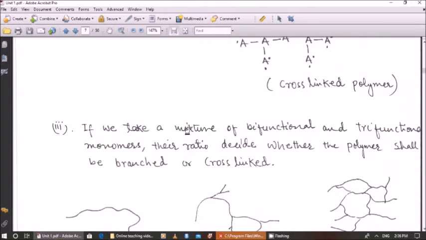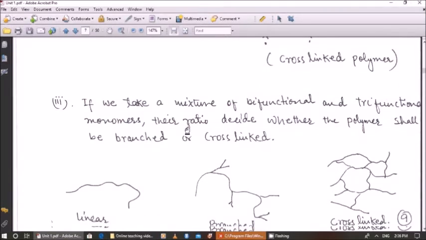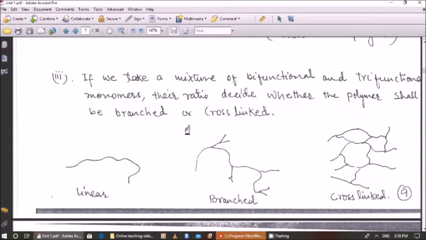Okay, and if we take the mixture of bifunctional and trifunctional monomer, their ratio will decide whether the polymer shall become a branch polymer or a cross-link polymer. Here you can distinguish between the linear polymer, branch polymer and cross-link polymer. You should understand that linear means not a straight line.